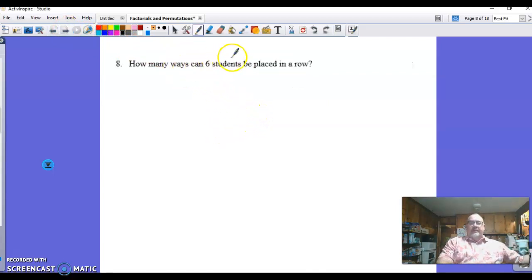How many ways can 6 students be placed in a row? All 6 of them put in a row, which means order matters, 6 factorial: 720 different ways to put 6 students in a row.